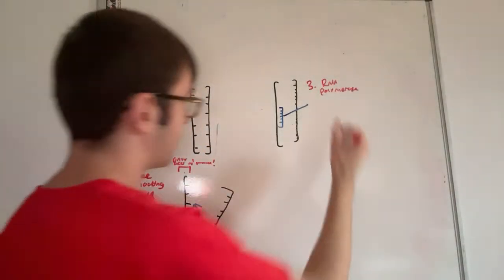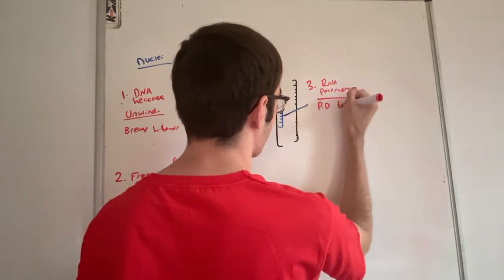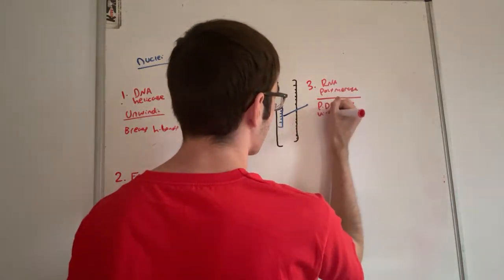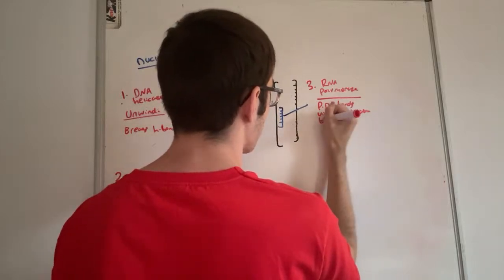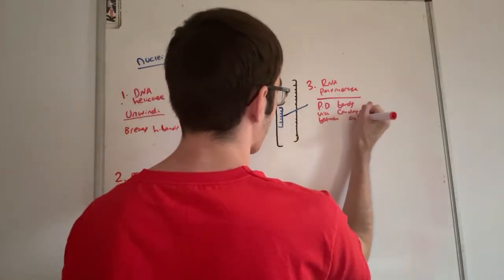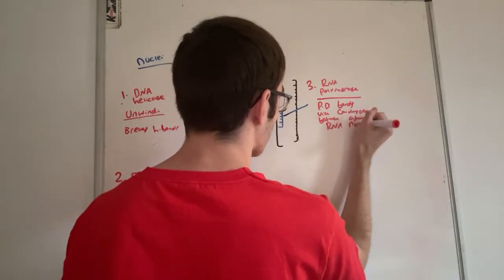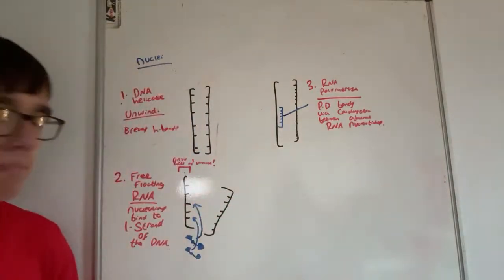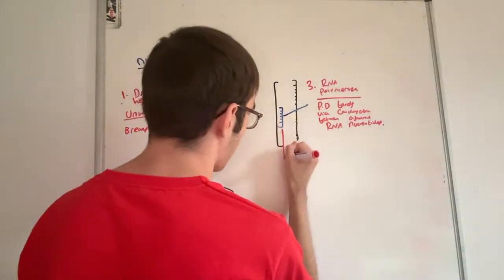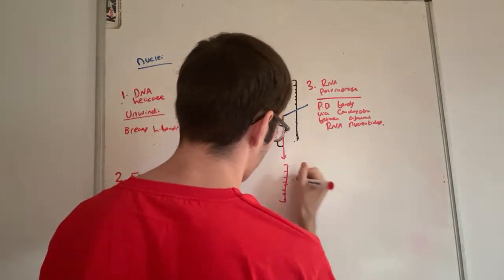I'm going to say polymerase forms the phosphodiester bonds via condensation between adjacent RNA nucleotides. So then what we have is this strand of RNA.